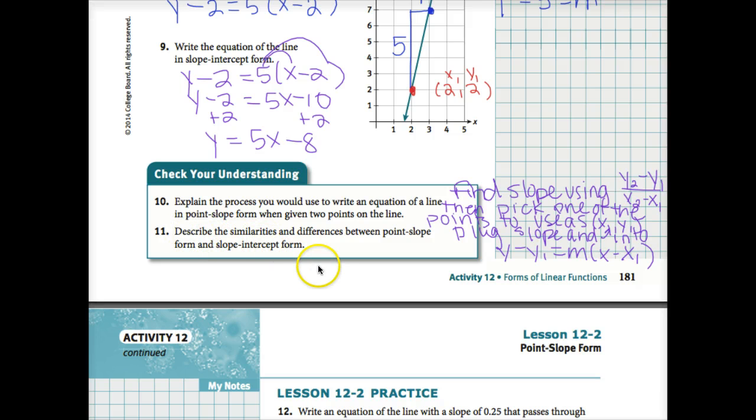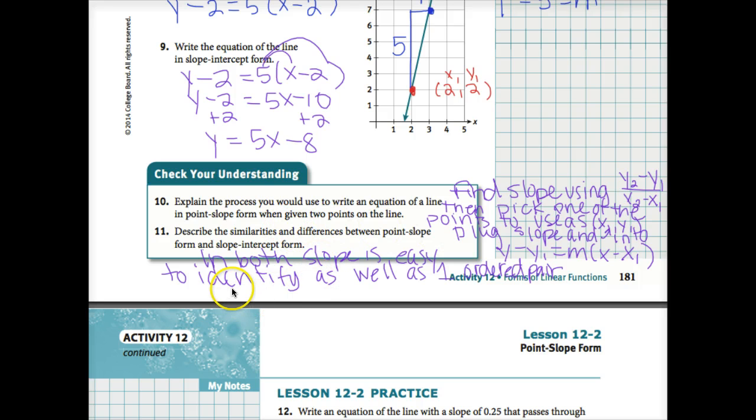11, describe the similarities and differences between point-slope and slope-intercept. So in both, slope is easy to identify as well as one ordered pair, because in slope-intercept form, you can identify the y-intercept as an ordered pair.